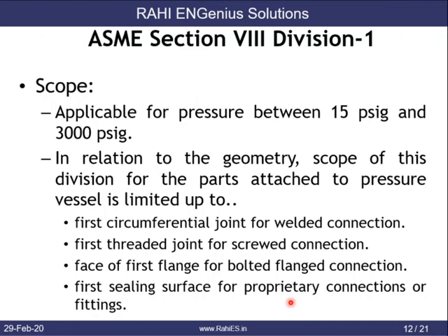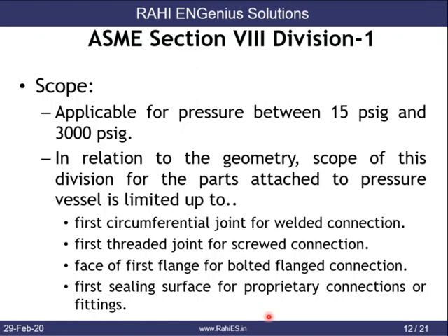Now when we say first connection, or first circumferential joint, or first threaded joint, what does it mean? It means the first joint which differentiates or isolates a complete pressure chamber from other system.